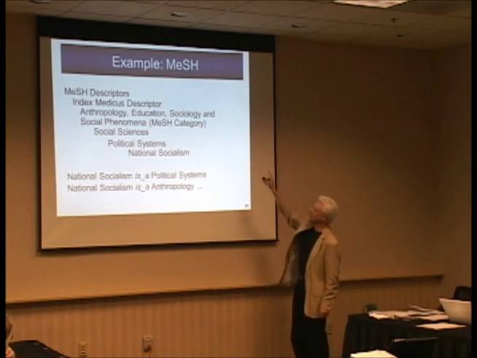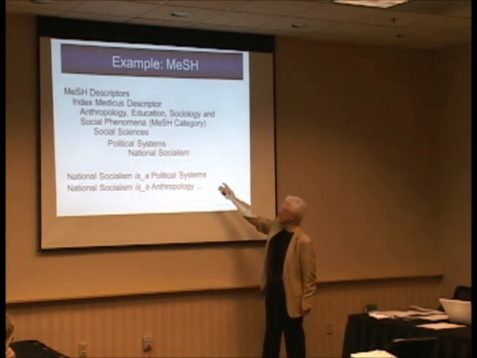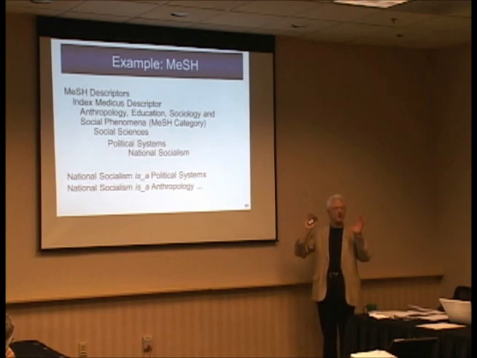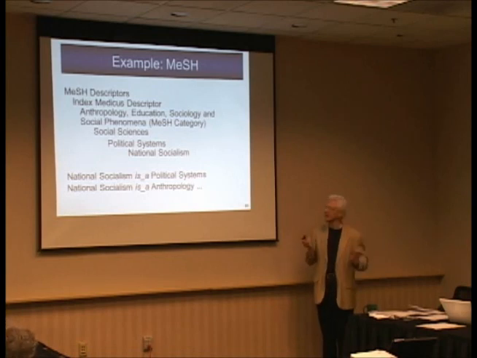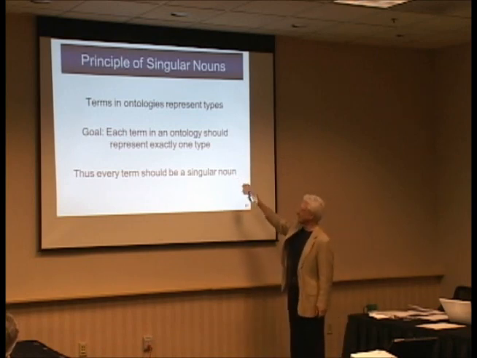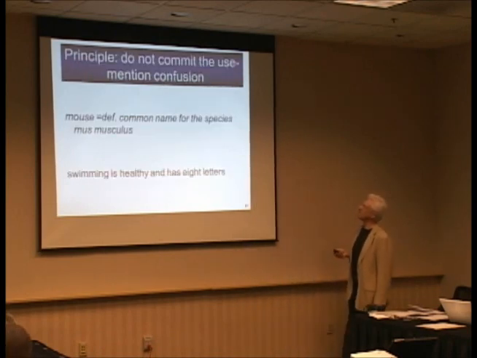If you look at MeSH, you get nice things like National Socialism is a political system. Now, this is just a recipe for inconsistency, inconsistency of spelling. So, terms in ontology represent types. Every term should be a singular noun.